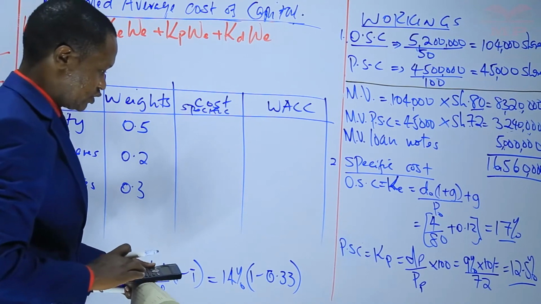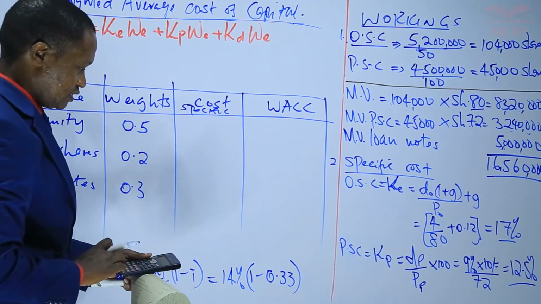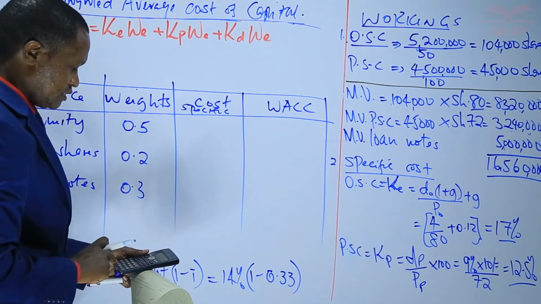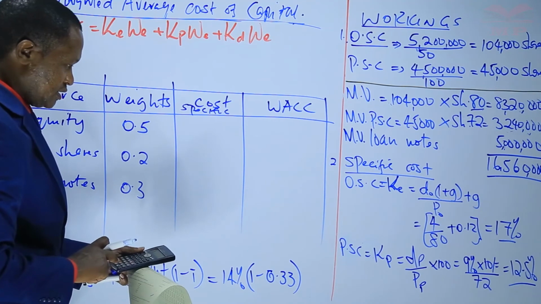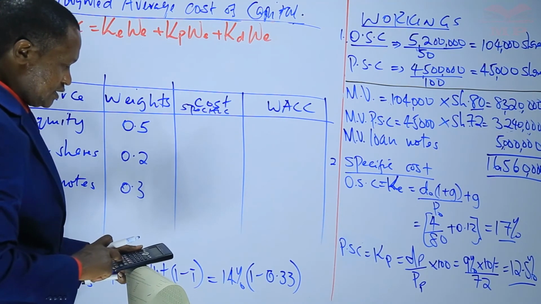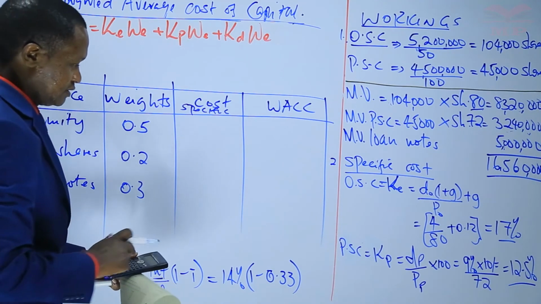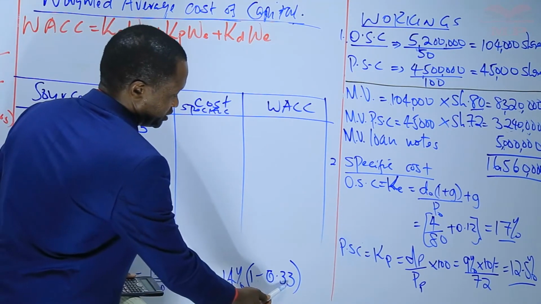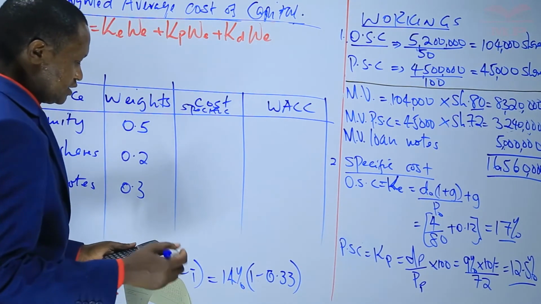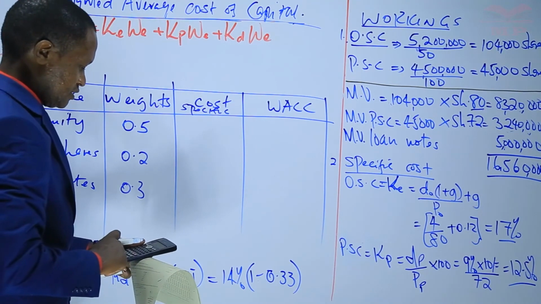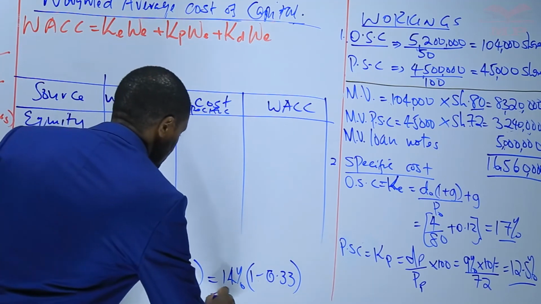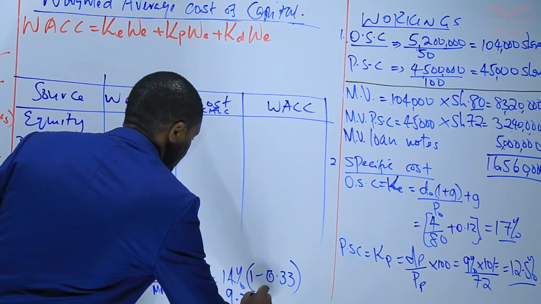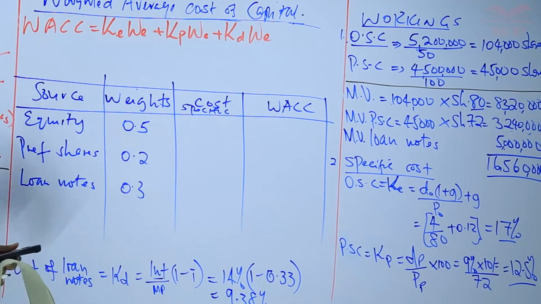The cost of loan notes is 14 times 0.67. 1 minus 0.33 is 0.67. This is equal to 9.38. 9.38% is the cost of loan notes.